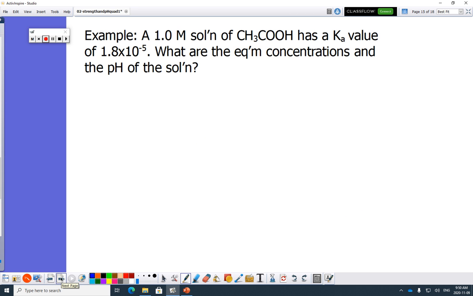So now we have acetic acid. Again, it's got that weird structure. It doesn't say acid this time, but you're asked for the Ka value, and the A stands for acid. So maybe that's your clue.